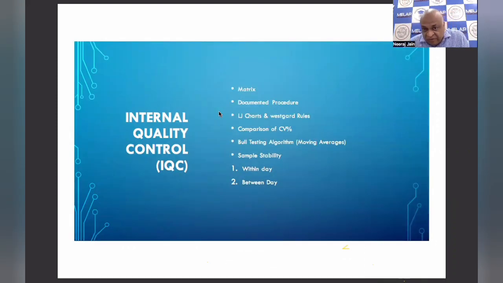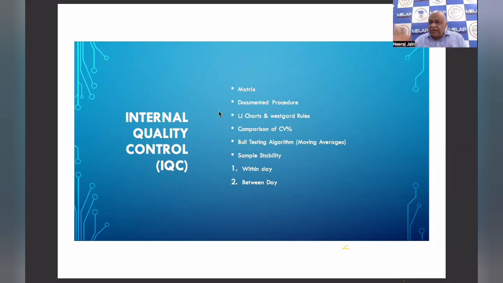So for that, what is required? You have to prepare an LJ chart. You have to follow Westgard rules. In hematology, stability of the controls is very less. So what we do, we compare CV% over a period of time. Because if there is a change in lot, you cannot use the mean and SD of the previous lot for the new lot.